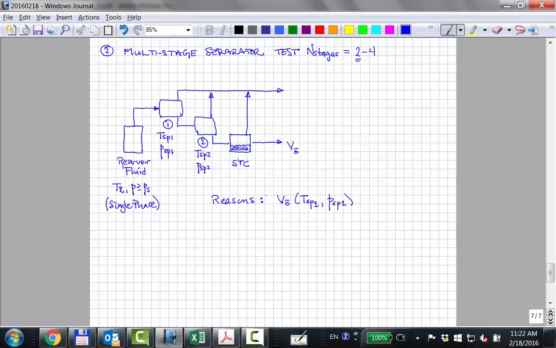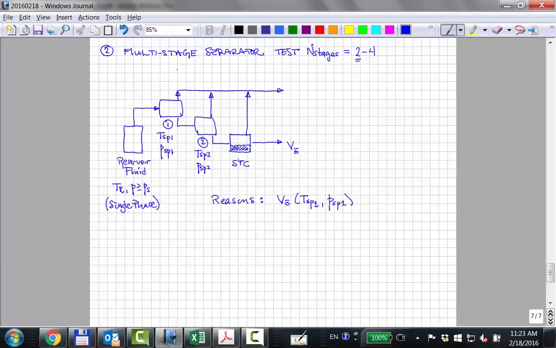The second would be particularly the primary gas, if the gas oil ratio is large enough, let's say more than 750 cubic feet per barrel, be like 100 cubic meters per cubic meter.